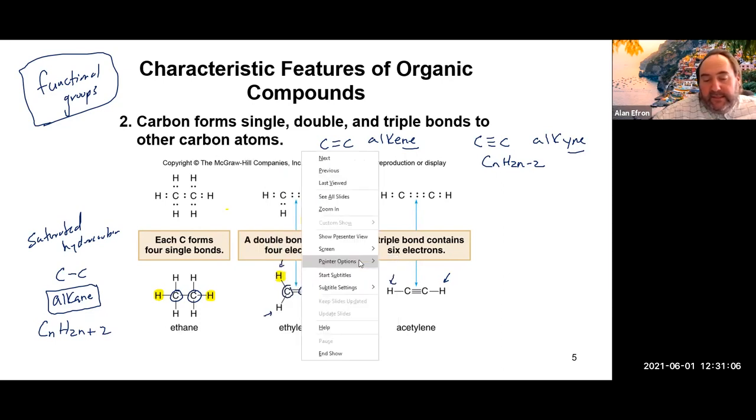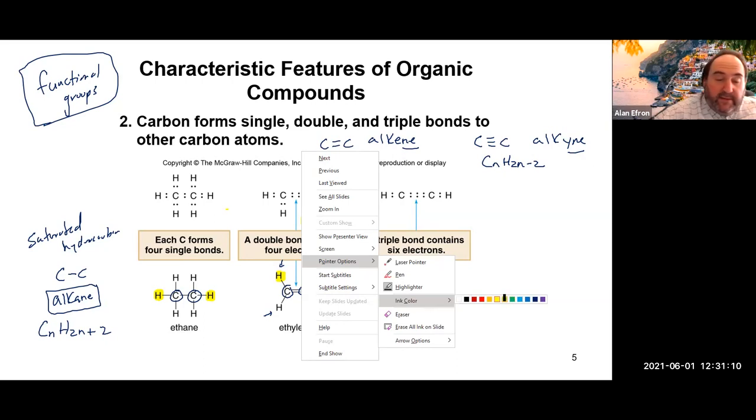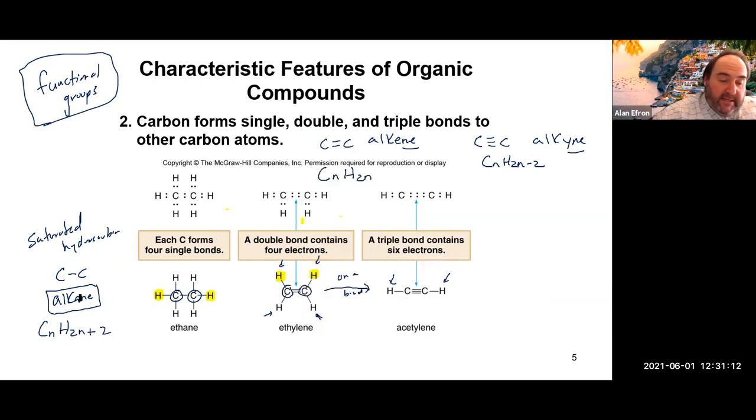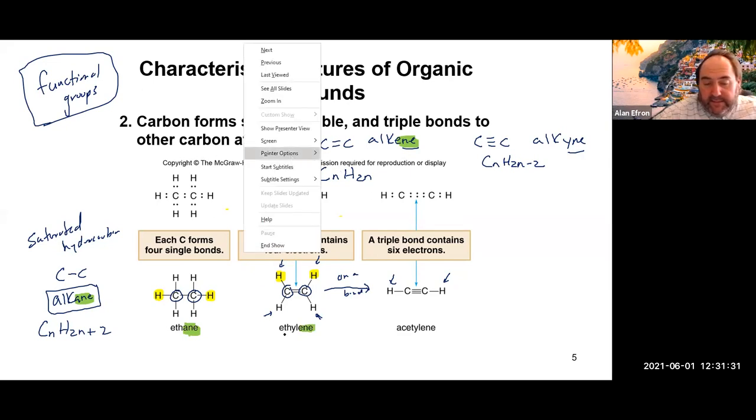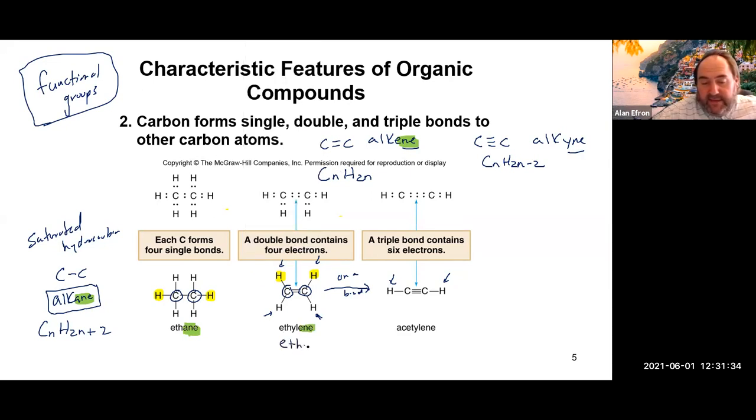The other interesting thing that you'll see, and you maybe can even see just on this slide as well, is that this first one is a carbon-carbon single bond. This is alkanes, and this is ethane, which ends in ANE, just the same. This one in the middle is a carbon-carbon double bond, which is an alkene. It is based off of ethane. It ends in ENE, and most people would call this ethene, ENE.